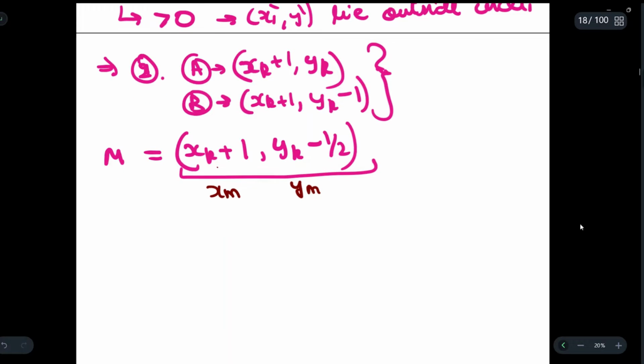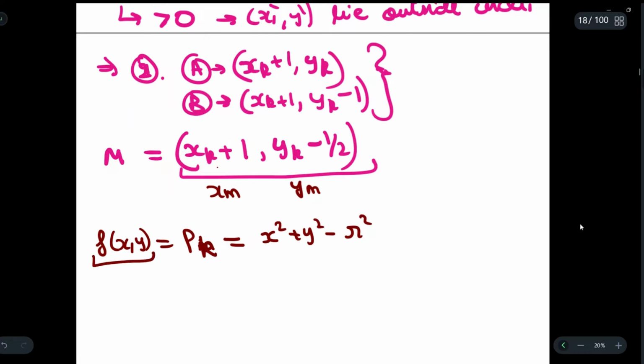Now we will consider the f(x, y) function as pk, that is the decision parameter. So we will write it as x square plus y square minus r square, as we already know that this is the equation for f(x, y).